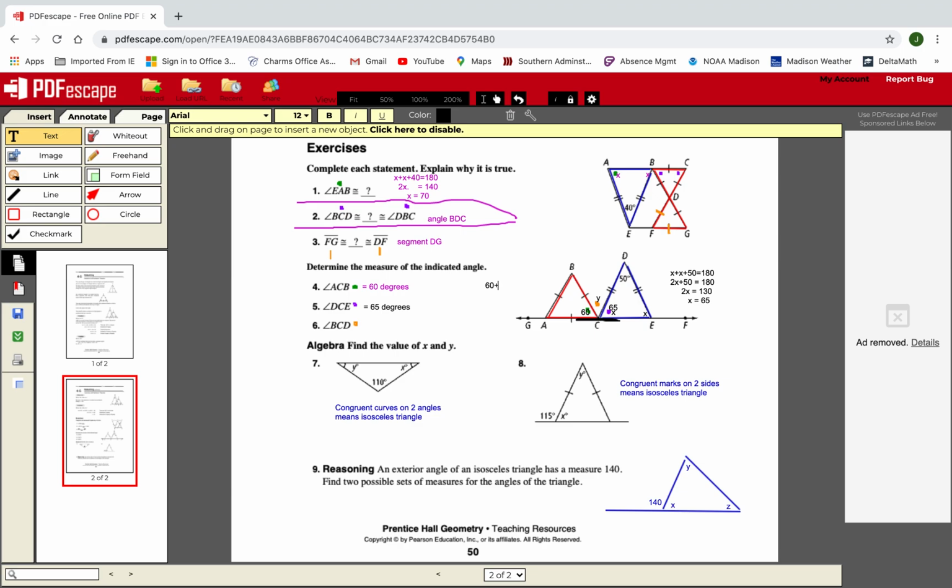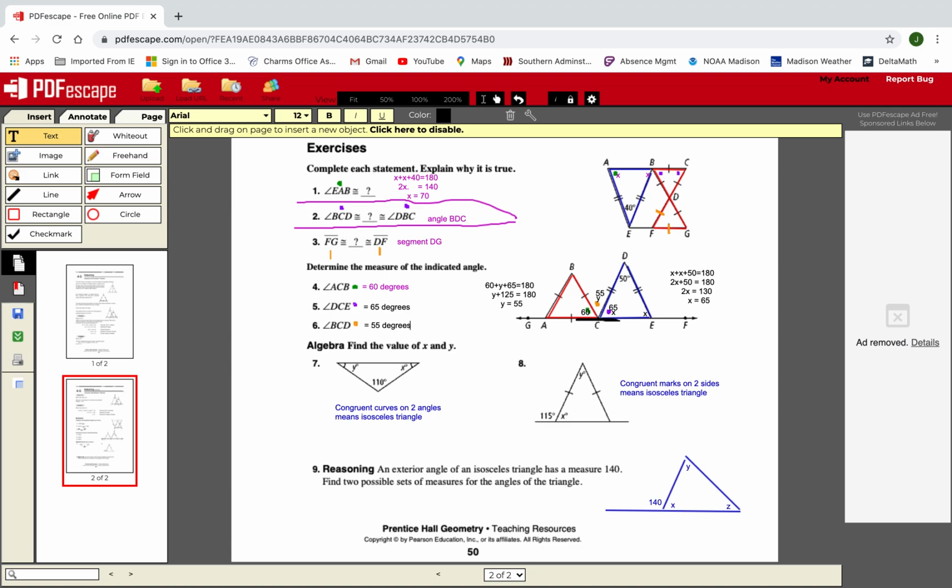And then we're just simplifying. 60 plus 65 is 125. So I have y plus 125 equals 180. And then subtracting 125 from both sides, I get that y equals 55. 180 minus 120 is 60, minus 5 more is 55. Good. So we get that this angle here is actually 55 degrees. Or angle BCD is 55 degrees.